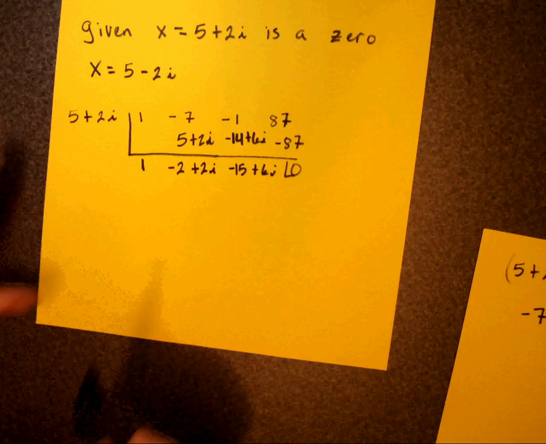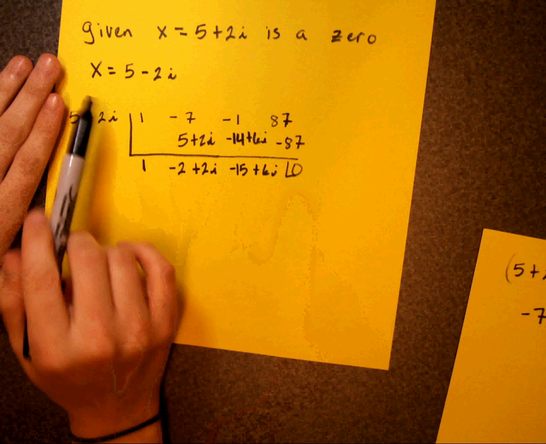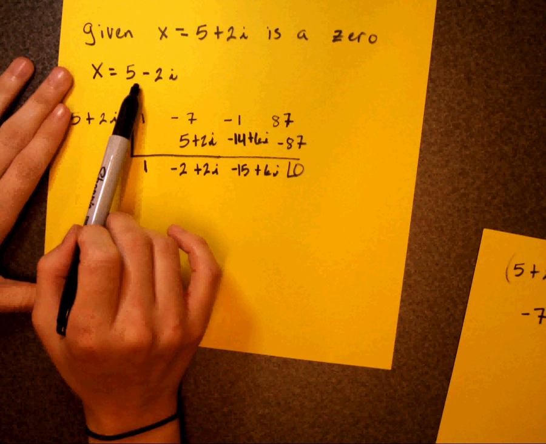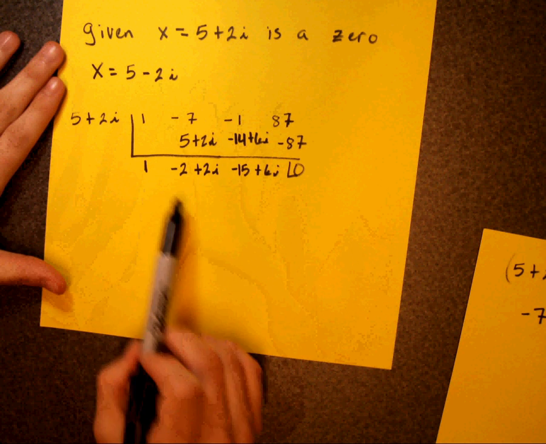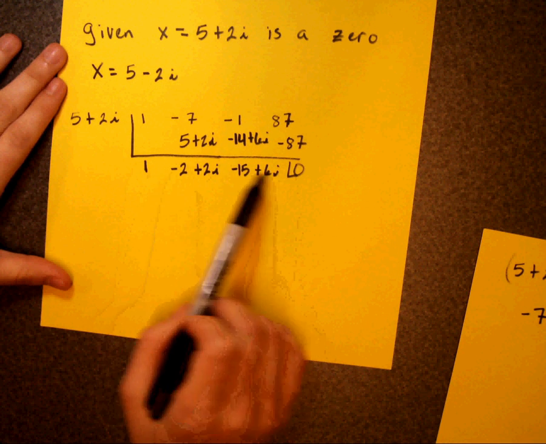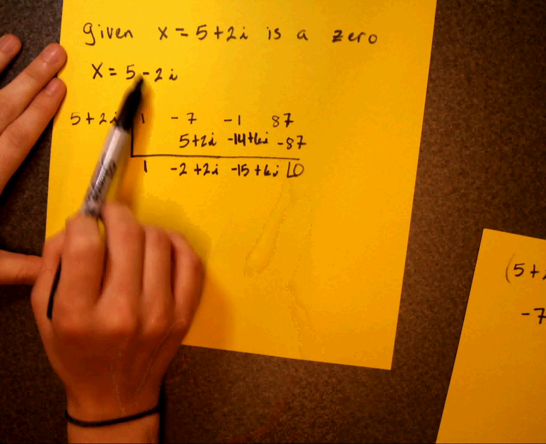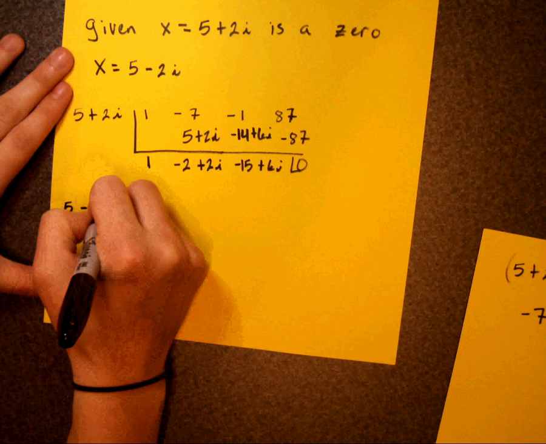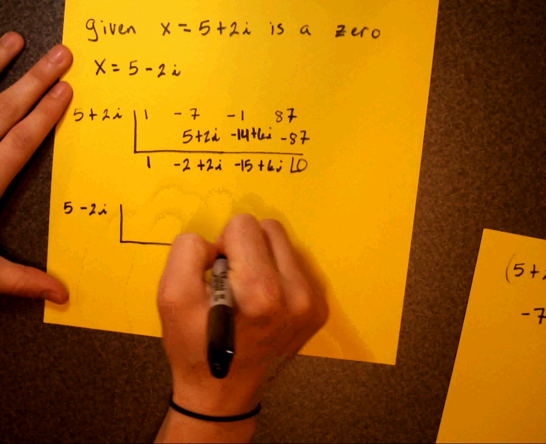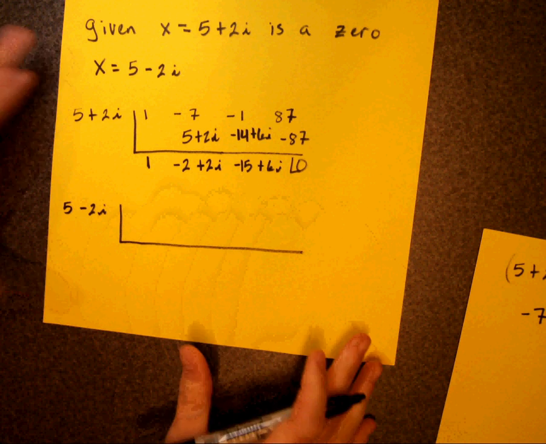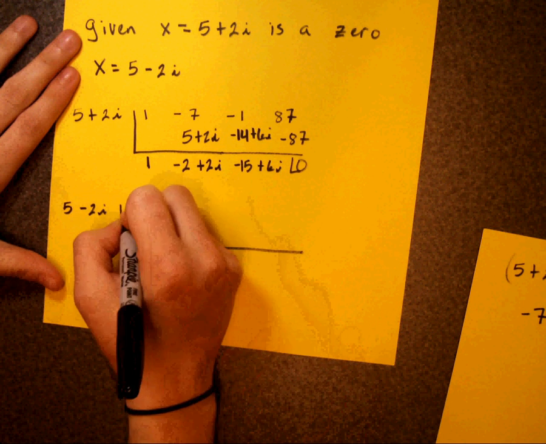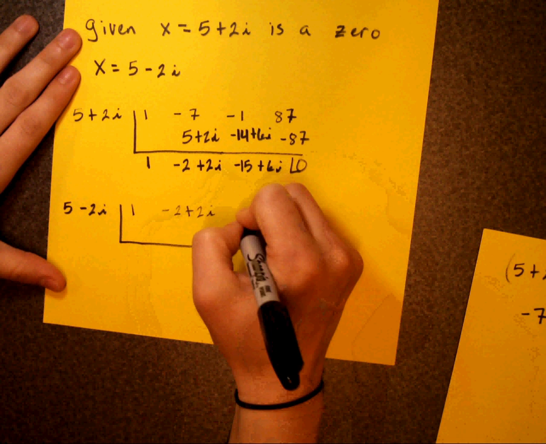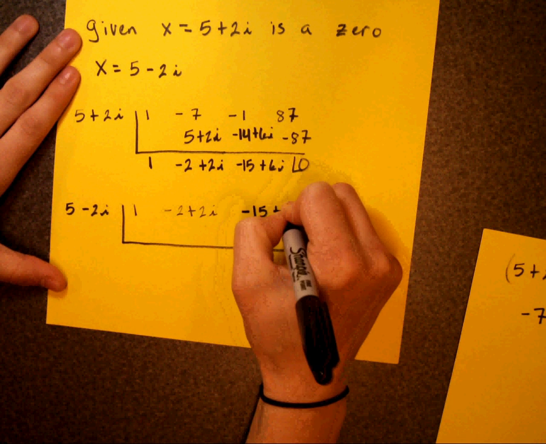So now we'll use this, and I know that the conjugate, 5 minus 2i, is also a root. So now let's do it again. Using the new function that I came up with and my second root. So 5 minus 2i on the outside. I have 1, negative 2 plus 2i, and negative 15 plus 6i.